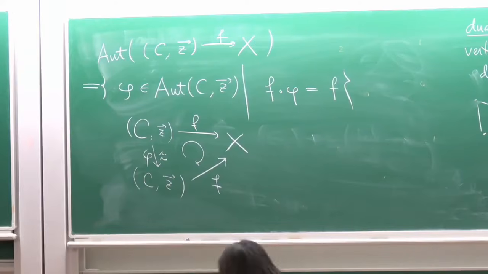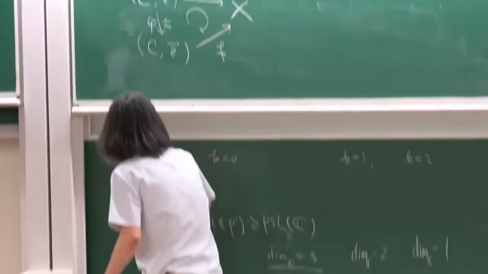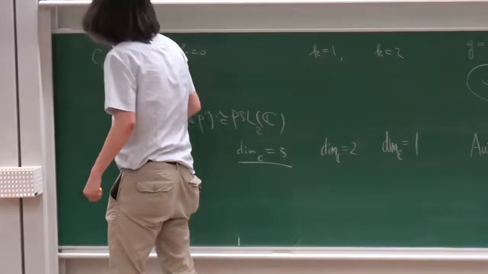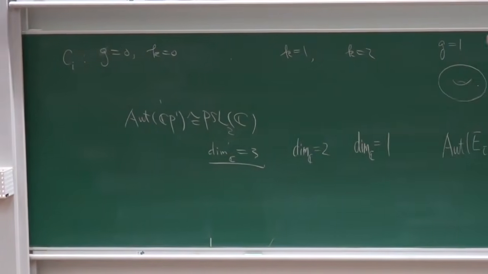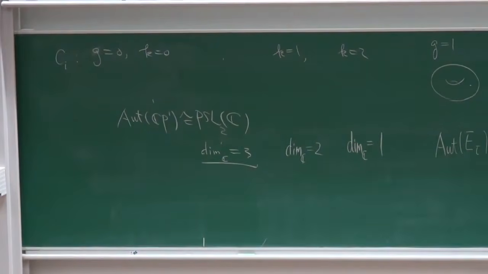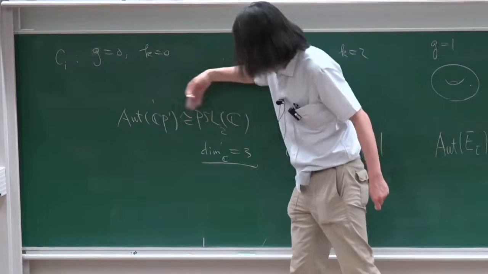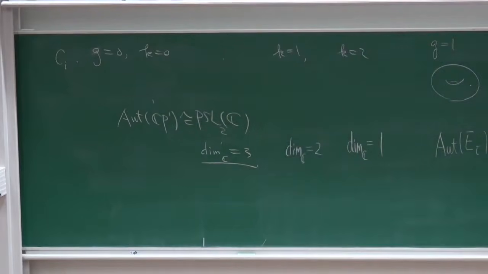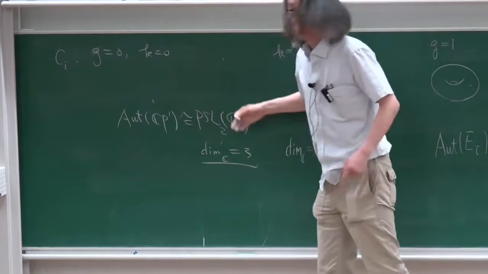In this case, if one component Ci of your curve is genus 0 and k equals 0, then the automorphism group is infinite. So therefore, the domain itself is not stable.